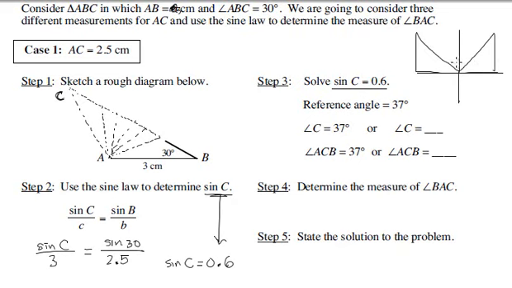So on the calculator, if you take the arcsine of 0.6, you get that the reference angle is 37 degrees on either side. So in this quadrant, that angle really is 37. In quadrant 2, that angle is 180 minus 37, which is 143. So 37 or 143.